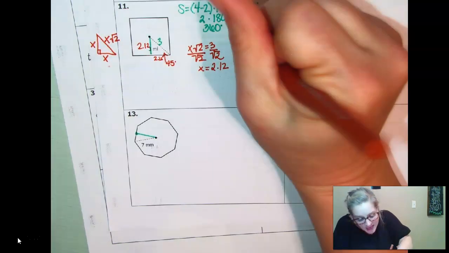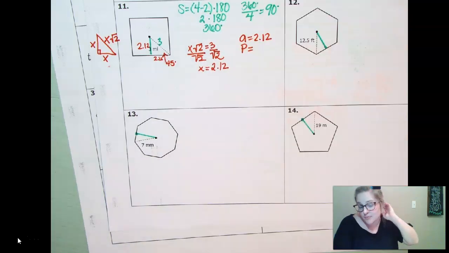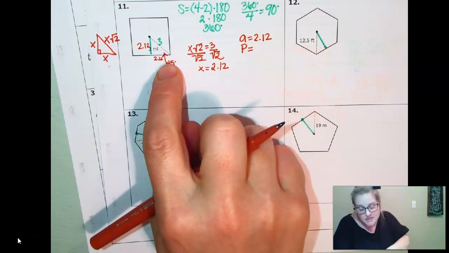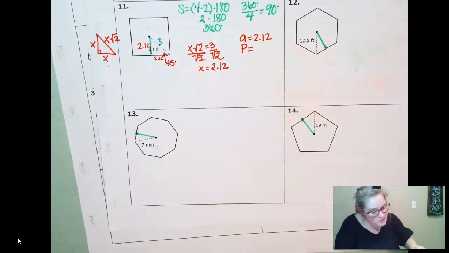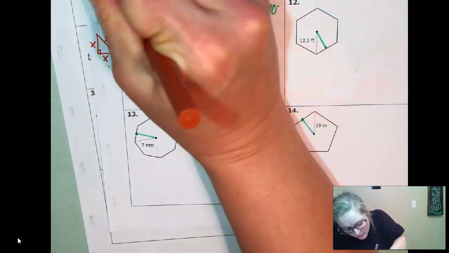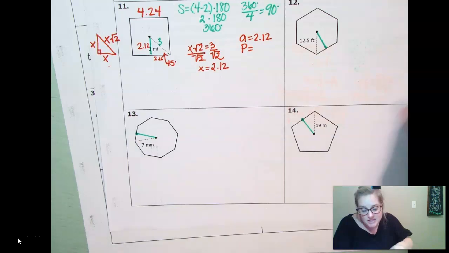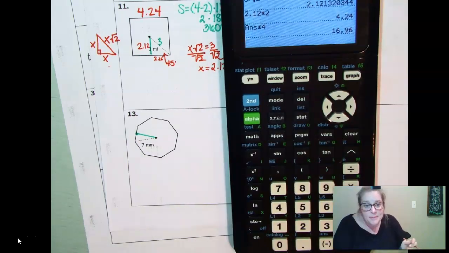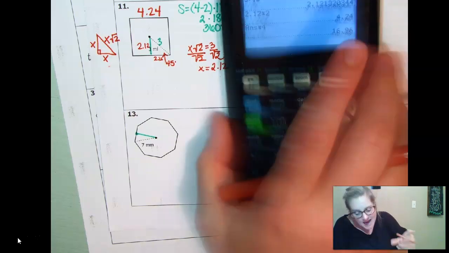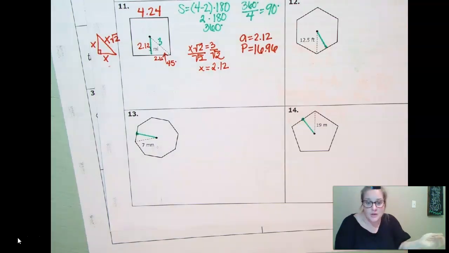So A equals 2.12. Now we need the perimeter. This is 2.12, so we have to double it to get the whole entire side. So 2.12 times 2 is 4.24. So that's going to be one of the sides. To find the perimeter, I'm just going to take that and multiply by 4. So my perimeter is 16.96. And we just plug it in.